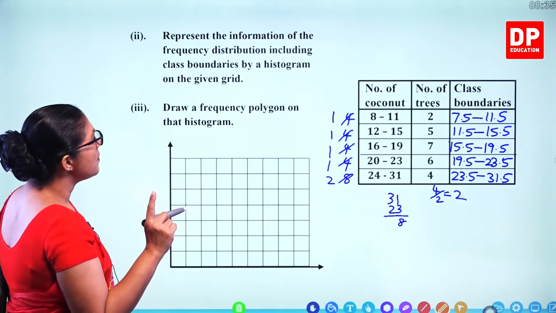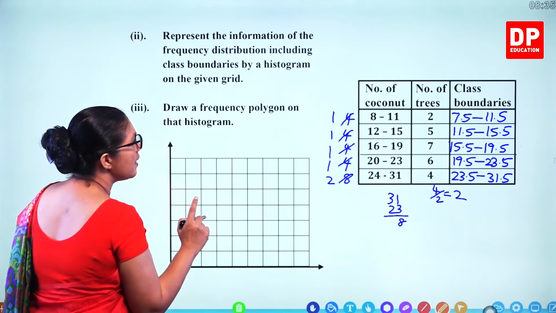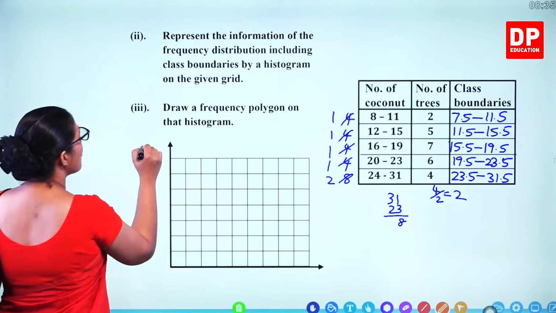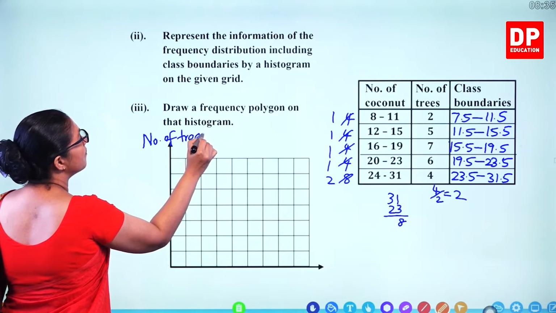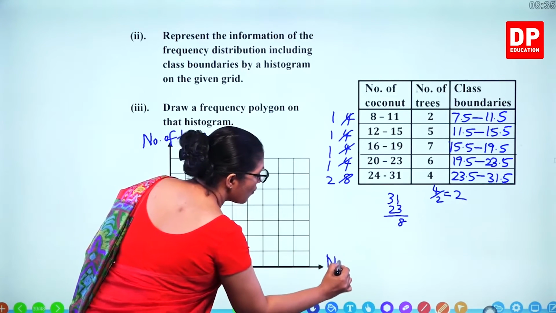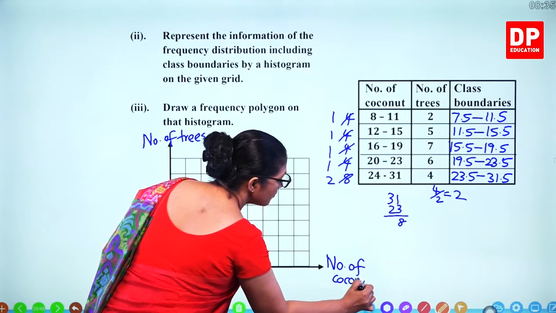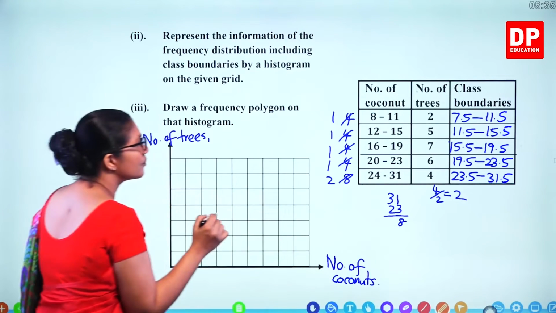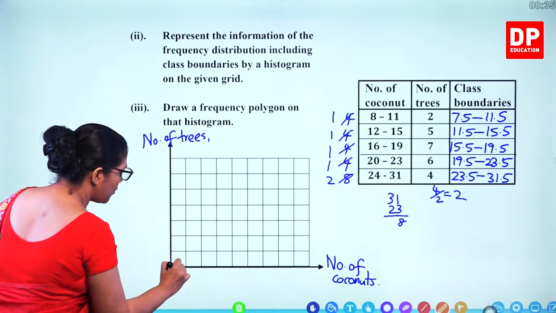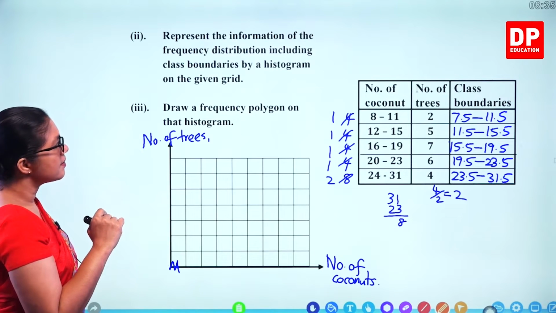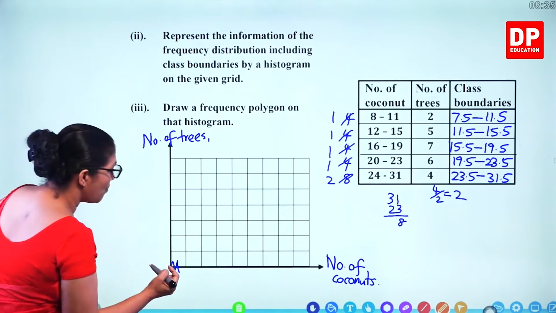In the histogram, this is the number of coconuts and this is the number of trees. There's no need to start from 0, so we can put a break line like this and start from 7.5 here.